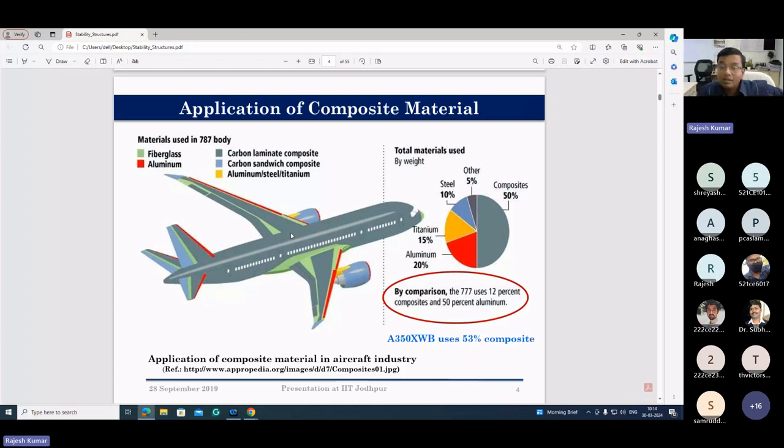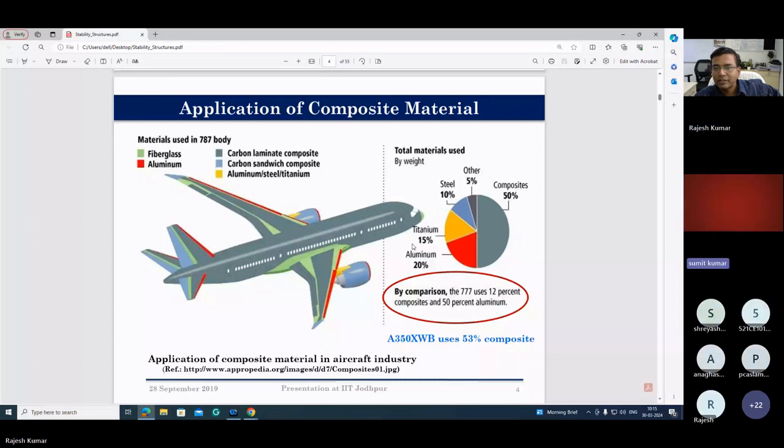So nowadays, we are increasingly using composite materials. This is one example I have shown you here: application of composite materials in aircraft. Look at this figure. This is Boeing 777. Boeing 777 uses 50% composite materials.